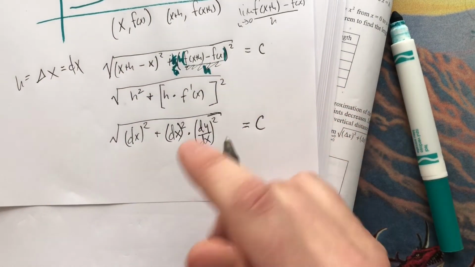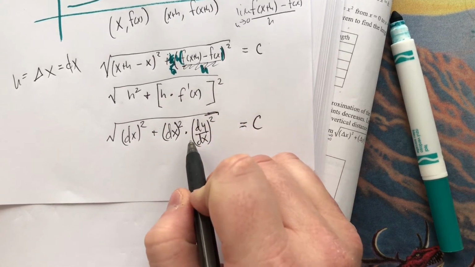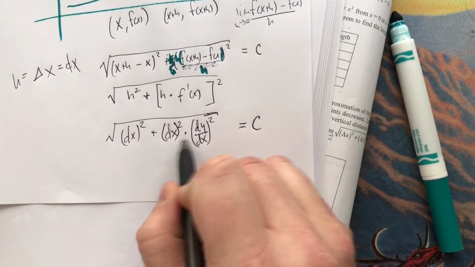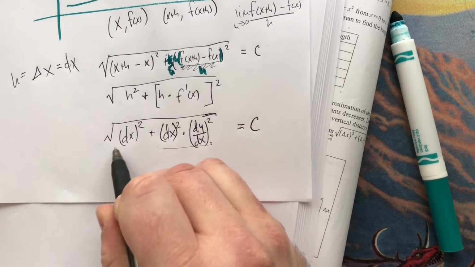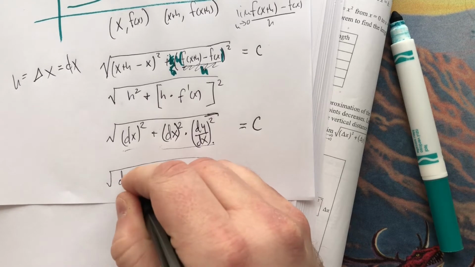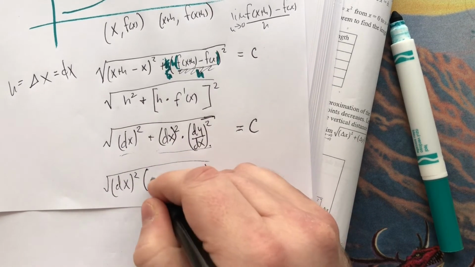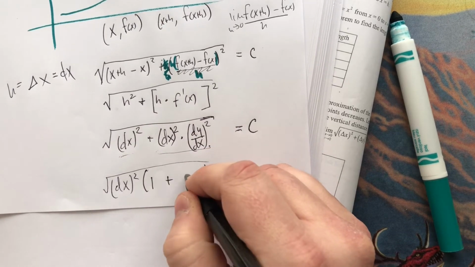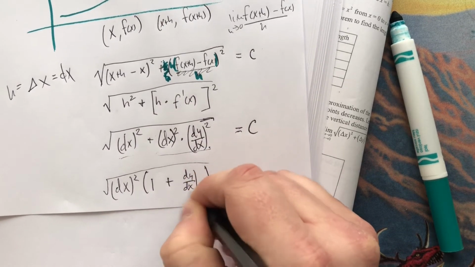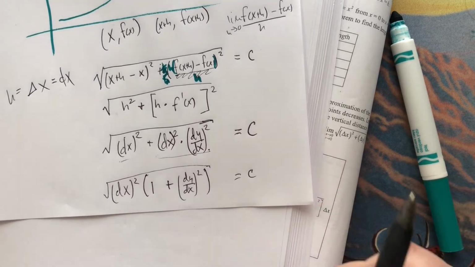So what we do after that is we say, well, I could factor a dx squared out of both of these terms, right? There's a term here, there's a term here. So if I do that, then I'll have a 1 left over here. That'll cancel, and I'll have a dy dx squared here. And it's gonna be our arc length.